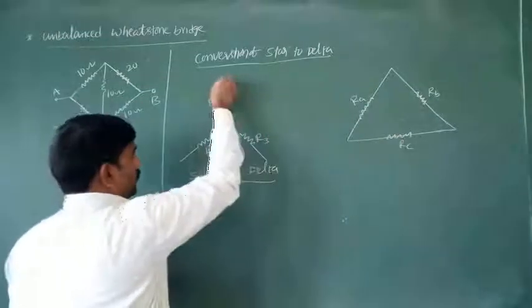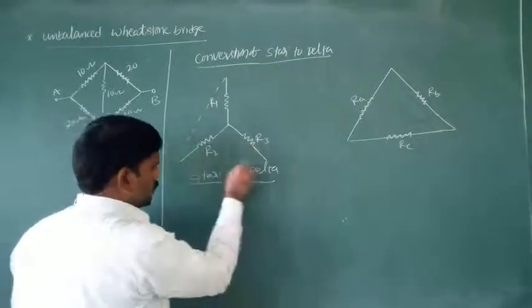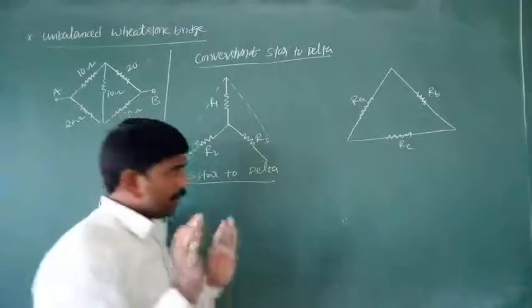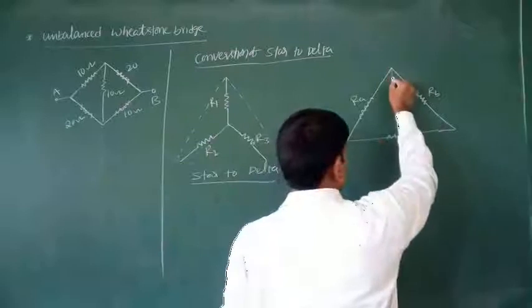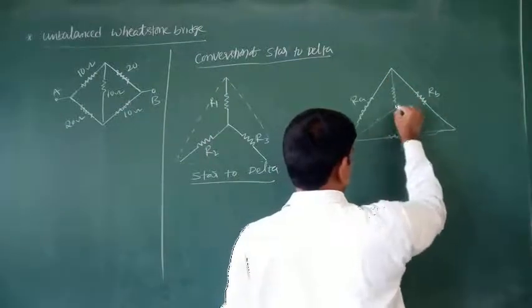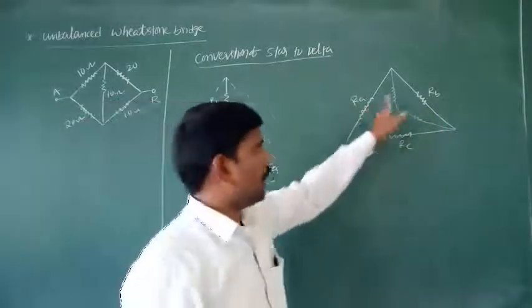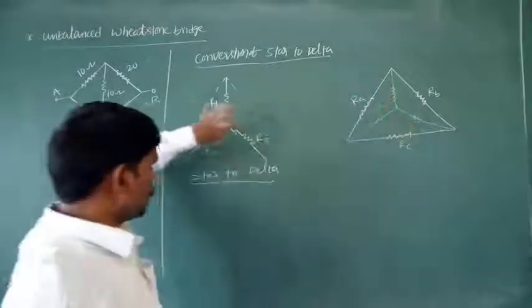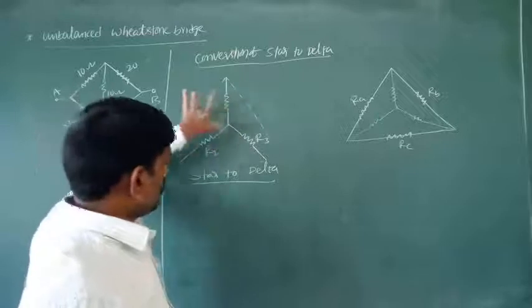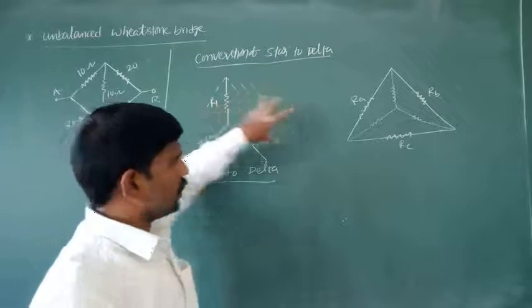Here RA, RB and RC are the delta resistors, and R1, R2, R3 are the star resistors. How to convert that one?